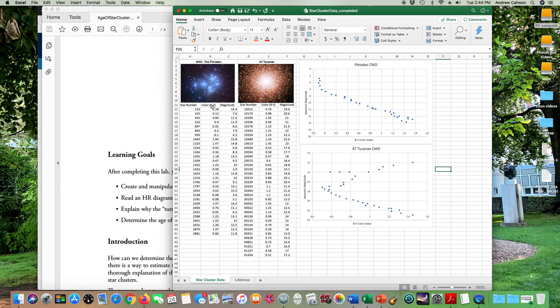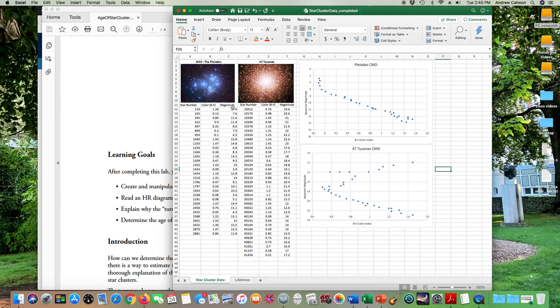The color index works in the opposite direction, so the smaller the number, the hotter the star. So it actually looks right when you plot it on the x-axis, and you can plot it so the small numbers are over here and the large numbers are over here. But it's still oriented so temperature is decreasing when you go to the right, or increasing when you go to the left. So this would be a hot star, this would be a cool star. So this is essentially our temperature column.